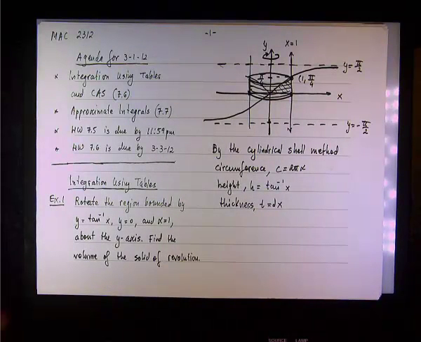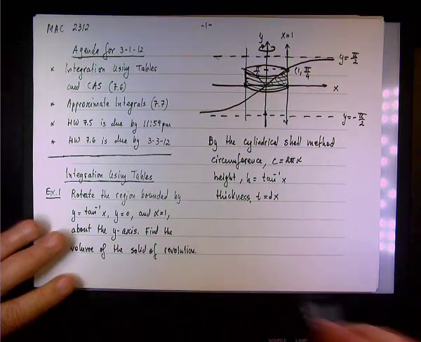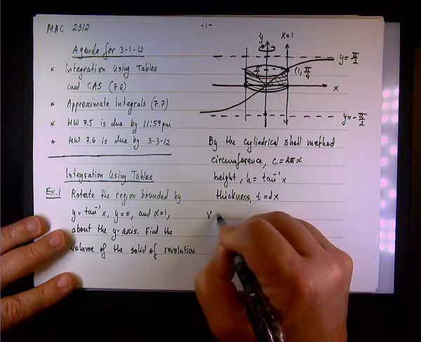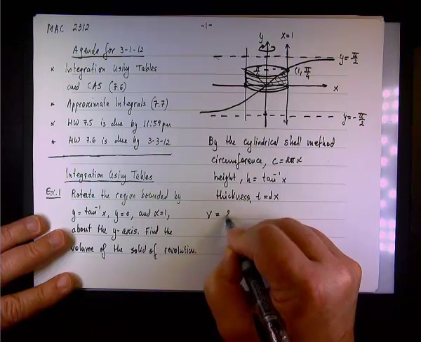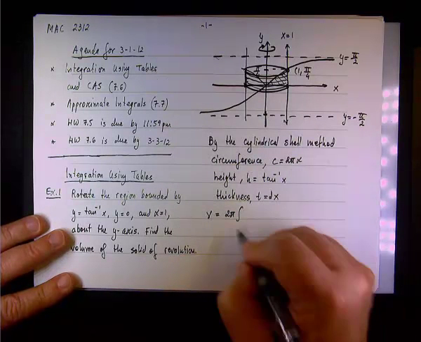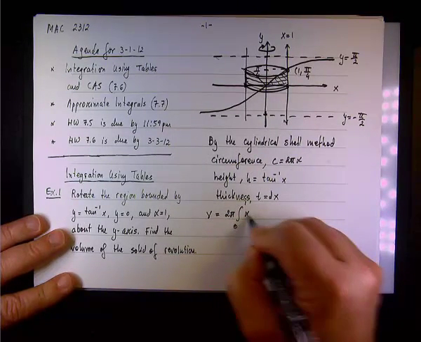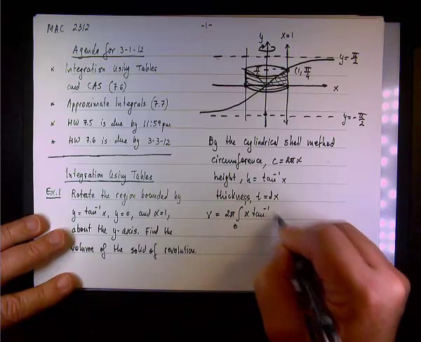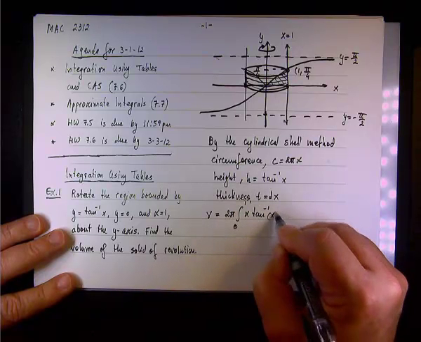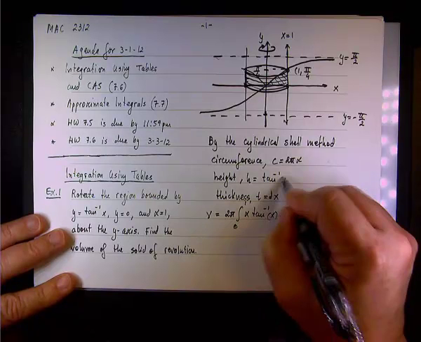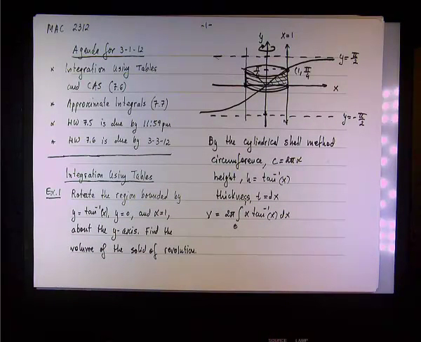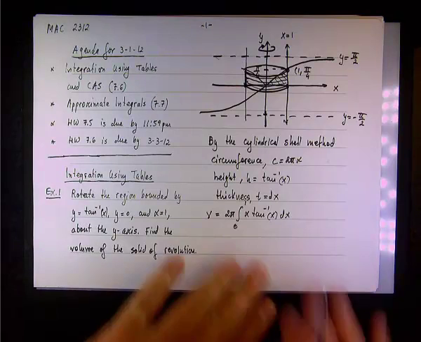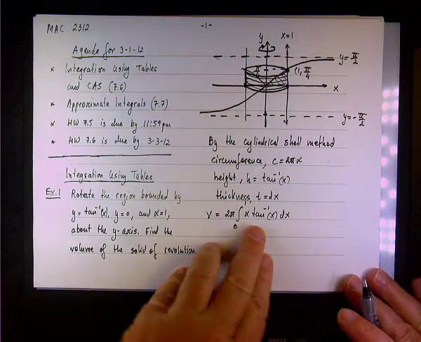And the thickness t is simply dx. And the volume will be the integral where we can pull out the 2 pi. The integral, x goes from 0 to 1, of x inverse tangent of x dx, like so.